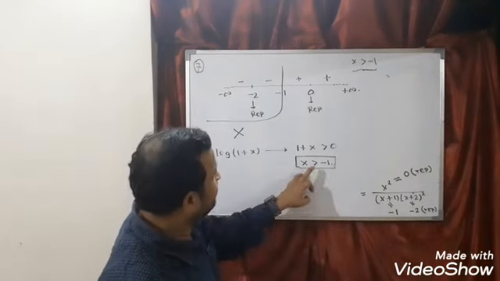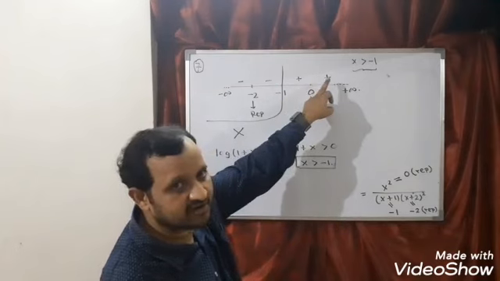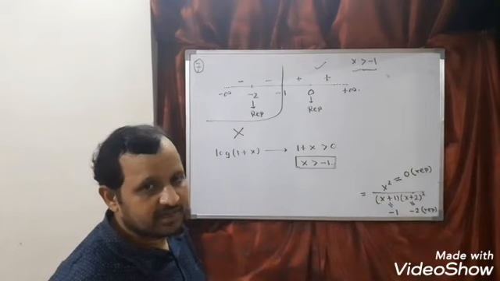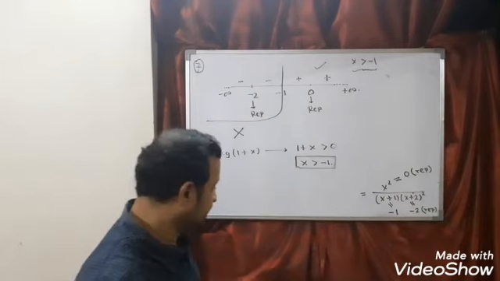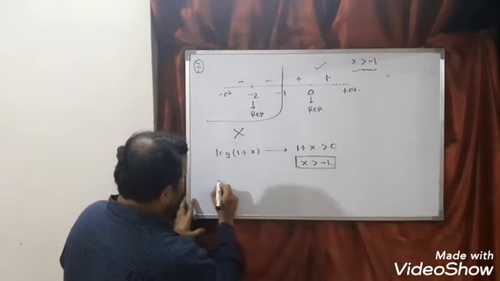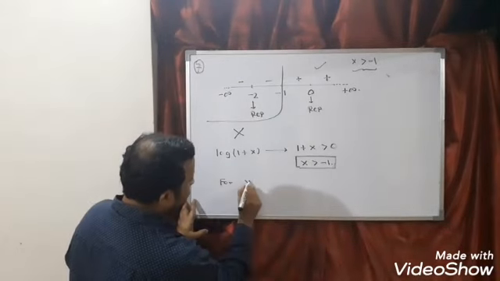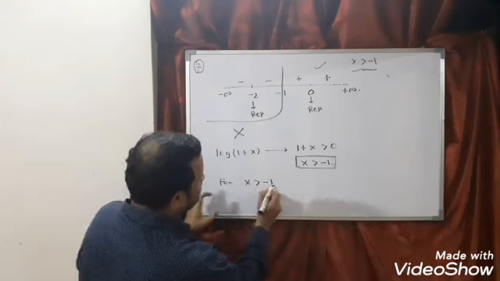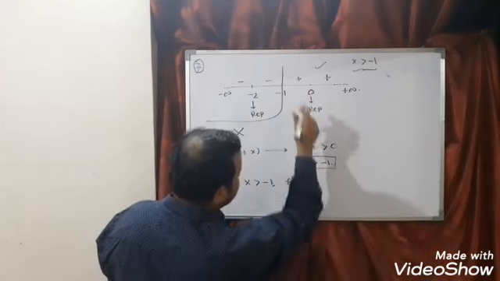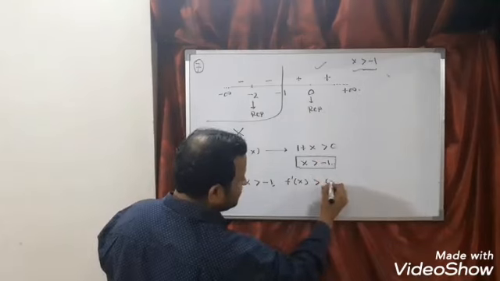And in this interval is the value positive or not? The value is positive. Positive means the function is strictly increasing. So for x greater than minus 1, what is the f dash x value? Positive.